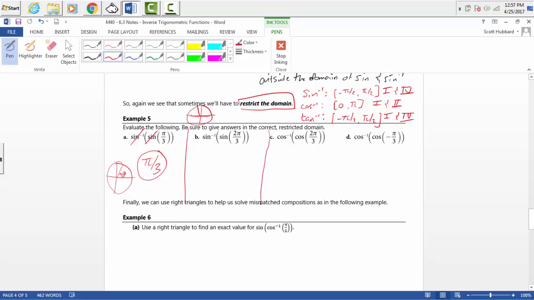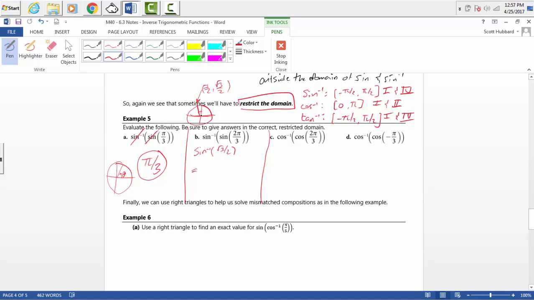We can still get an answer though, because we could say, sine of 2 pi over 3, what is that value? That coordinate is negative 1/2, comma, root 3 over 2. So if I take sine, this is actually like saying sine inverse of positive root 3 over 2.